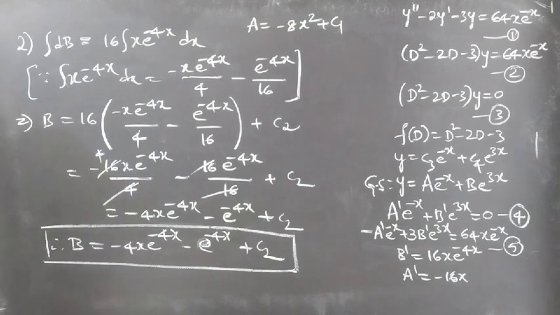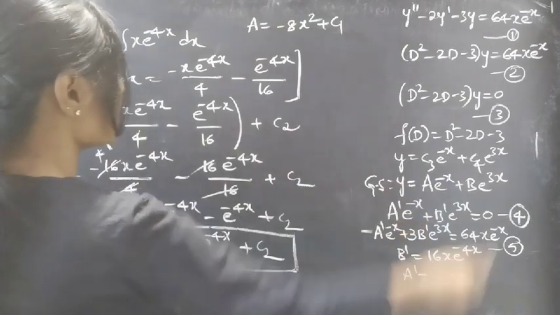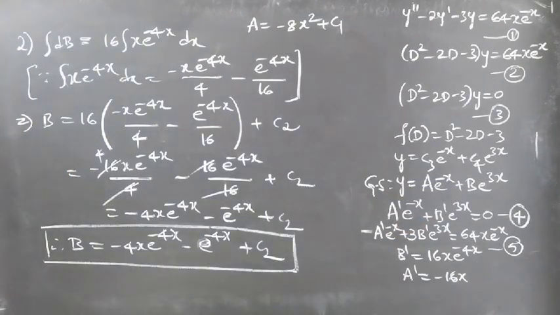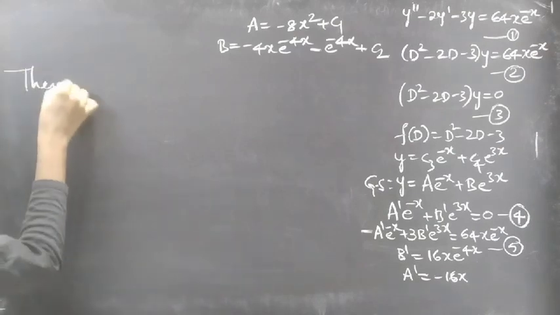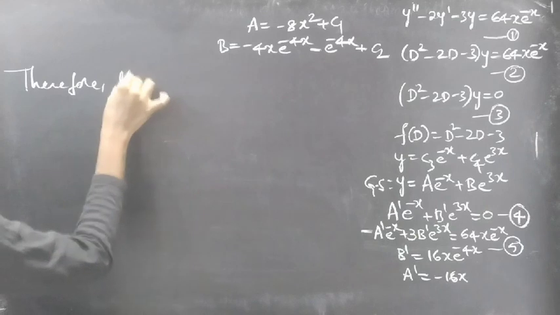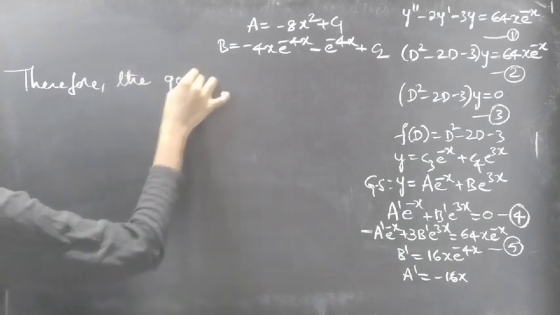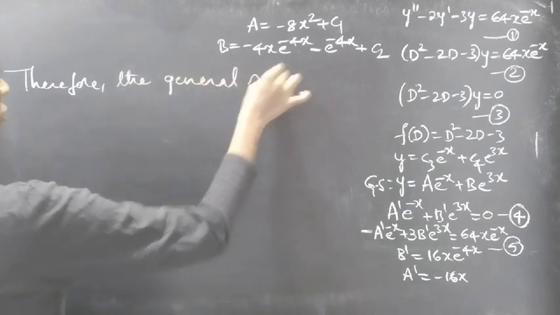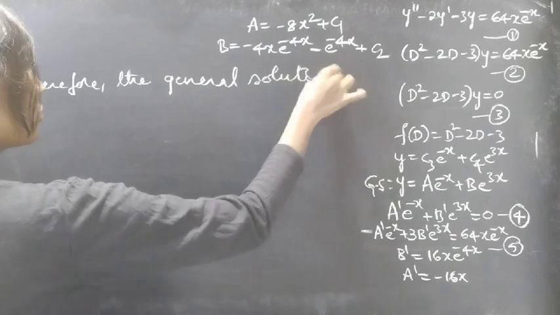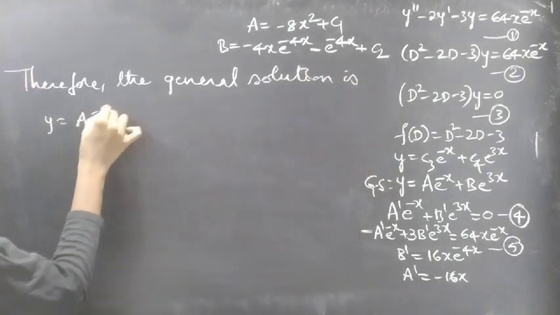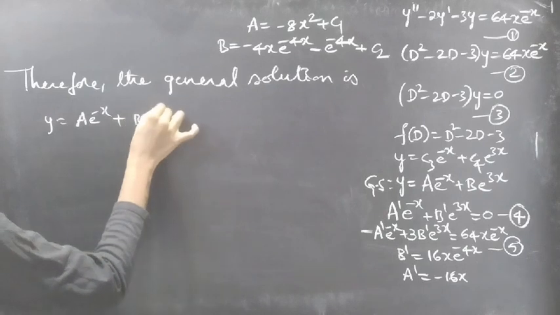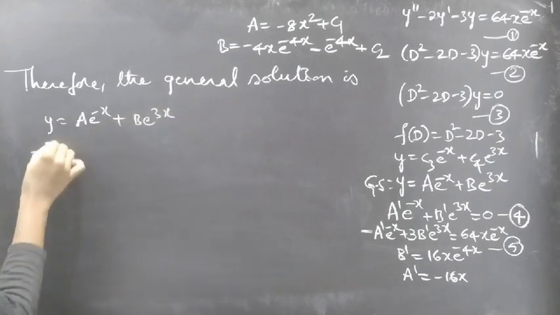Let's now find the general solution using y equal to a e power minus x plus b e power 3x. Therefore, the general solution is given by y equal to a e power minus x plus b e power 3x. Now substitute a and b here.